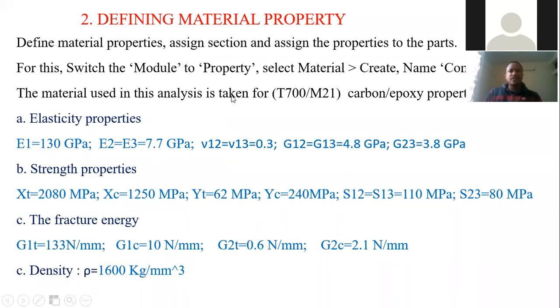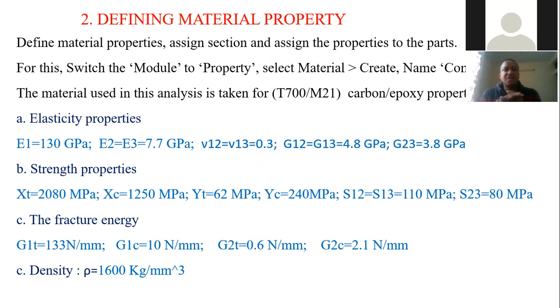Then the next step, the second step in our modeling, is defining the material property. In the last lecture, for isotropic material, the material properties were very easy: only the Young's modulus of aluminum, the Poisson ratio and the density. These are sufficient because the material is considered isotropic.